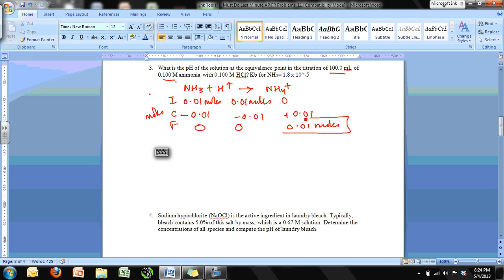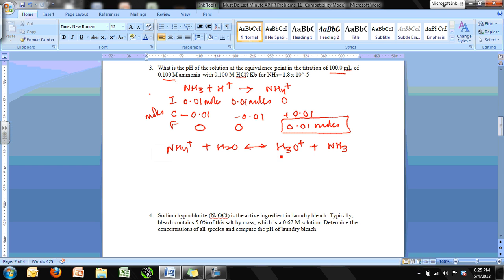So what is setting the equilibrium in the solution is actually the ammonium ion's hydrolysis. And you know, when ammonium hydrolyzes, because it has extra H plus, it acts as a proton donor or a weak acid, and it makes H3O plus plus ammonia.